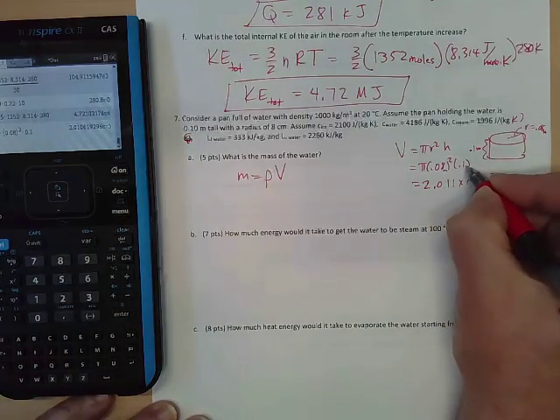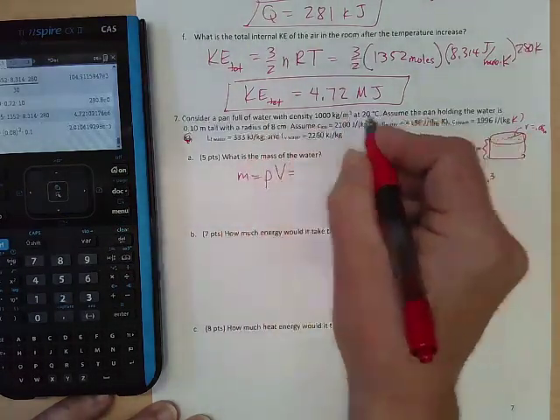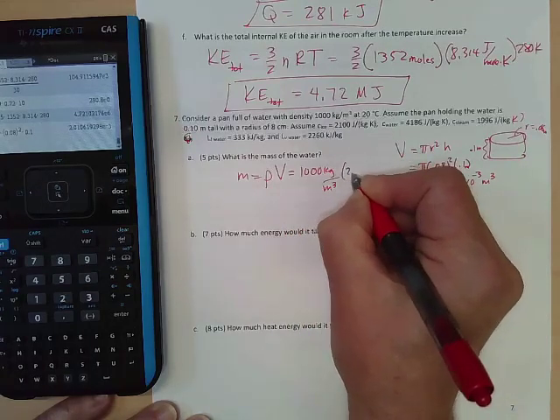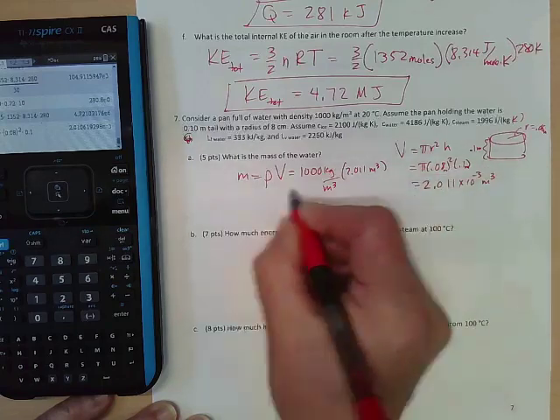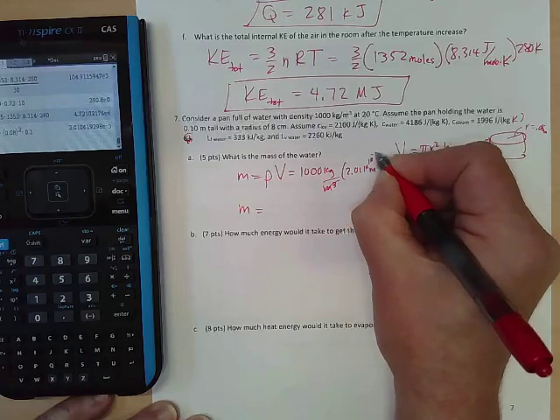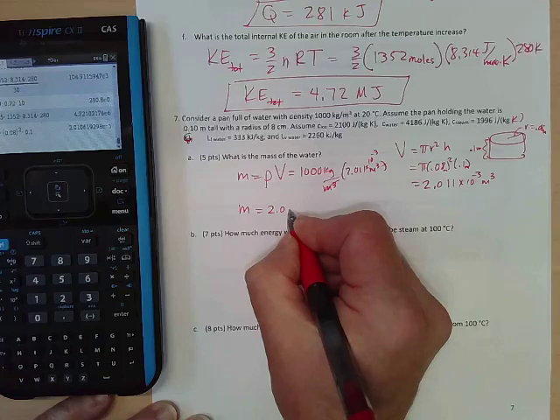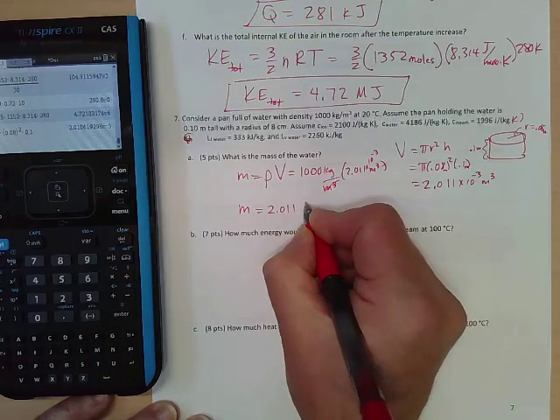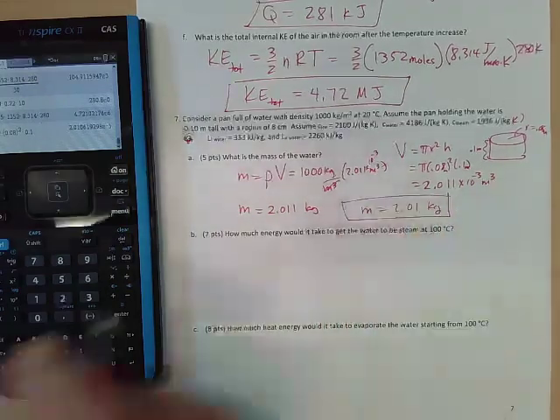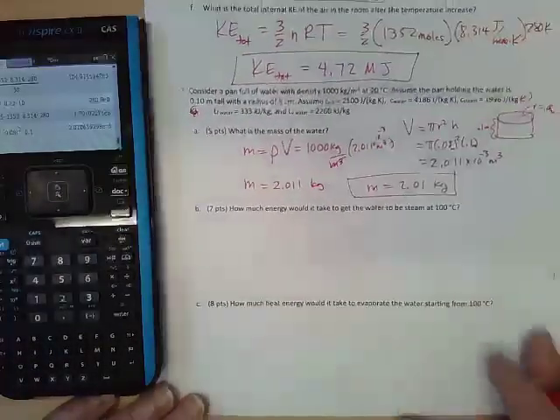These are all meters, yes. Okay, so that's good. And so then the density is in kilograms per cubic meter. So we get kilograms. So m equals, I got a 10 to the negative 3 here, 10 to the negative 3, 10 to the positive 3, cancel out, so we just get 2.011 kilograms. 2.01 official answer.